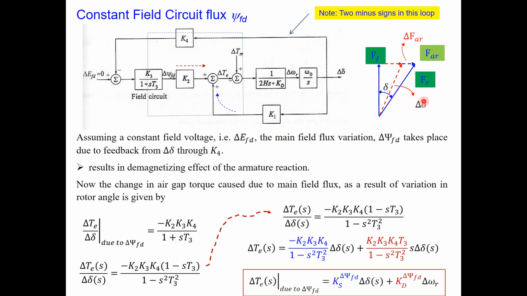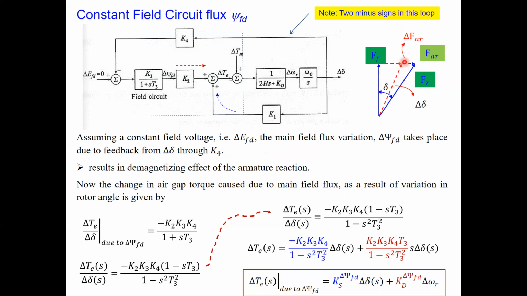This incremental change, in fact incremental or decremental, as shown here, it is a decremental. So this is a change in the angle delta. The resultant phasor shifts this way, and the change in the armature reaction MMF which is applied is this part here. So the result is this phasor representation after the change, and this is the angle delta, and this is your change in the armature reaction MMF here.